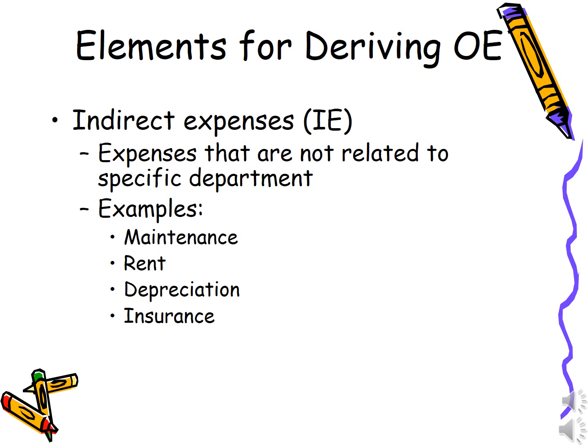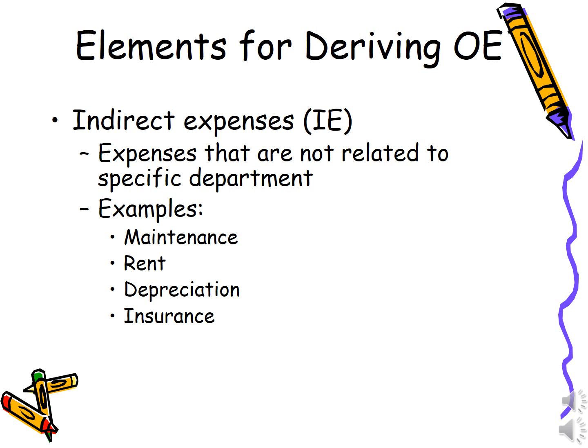So indirect expenses, as I just mentioned, are the expenses that are not directly related to a specific department, but are shared across multiple departments. That could include the maintenance costs for facilities shared by multiple departments, rent of the space shared by multiple departments, depreciation of any physical properties shared by multiple departments, and insurance to ensure the safety of the entire space shared across different departments.